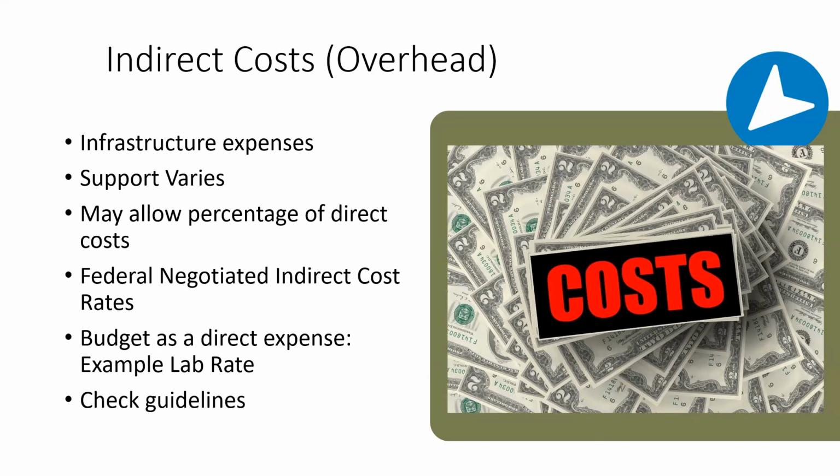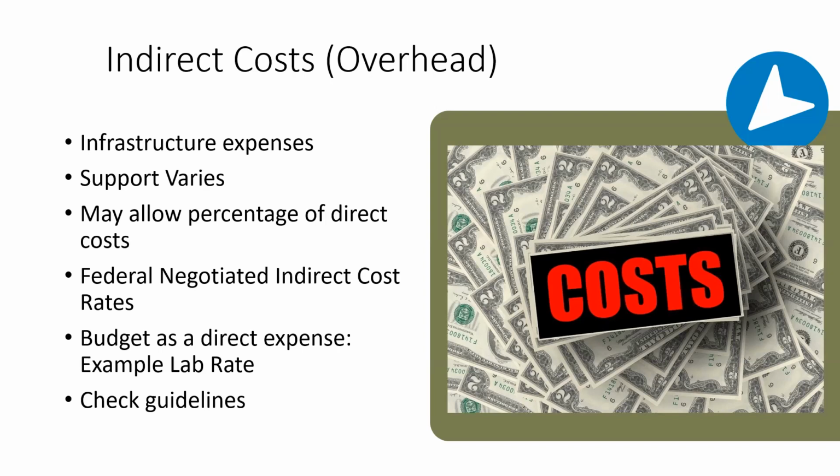So these indirect costs are like the infrastructure, the actual building, your office, your desk, your telephone service, your internet service. All of those things have a cost to them, and you want to try to recover some of that cost from the grant that's funding the project.